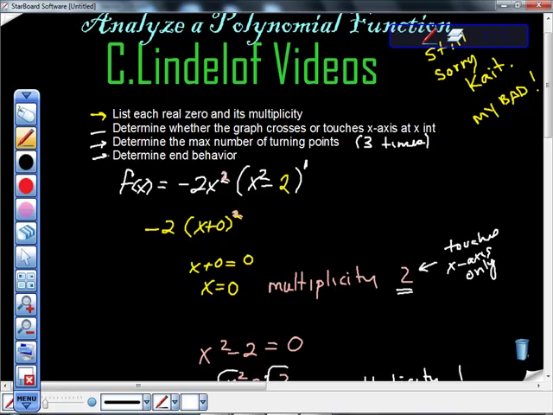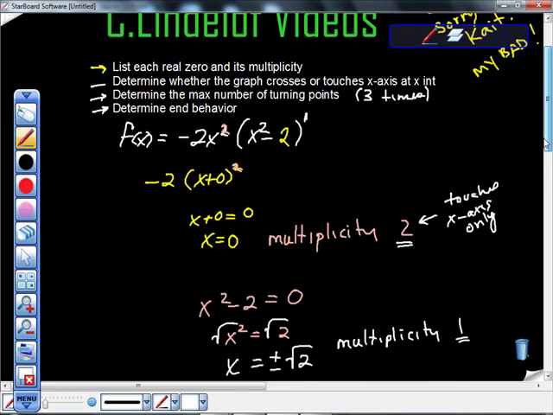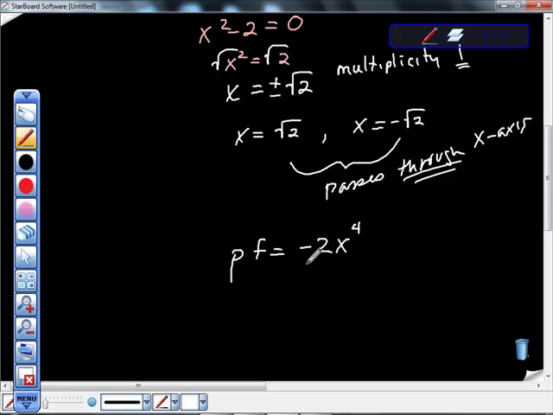And then lastly, we're asked to determine the end behavior. And to determine the end behavior, again, you look at the power function. We know that quartic functions, x to the 4th powers, look kind of like this, don't they? This function has an opposite sign in front of it, so it flips that thing over, doesn't it?